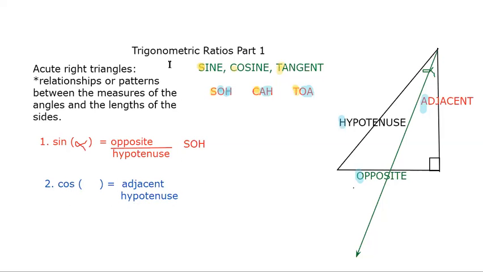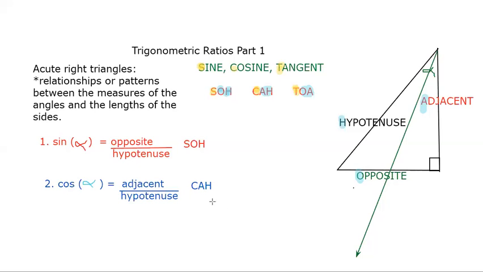Adjacent over hypotenuse. That's where the CAH comes in. So the cosine of alpha is the adjacent over the hypotenuse.